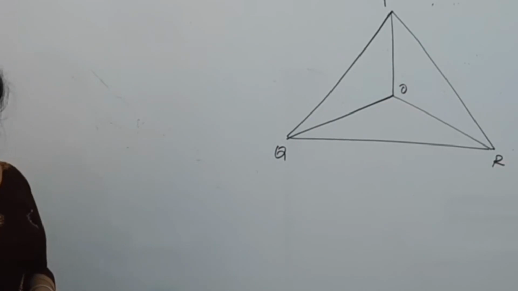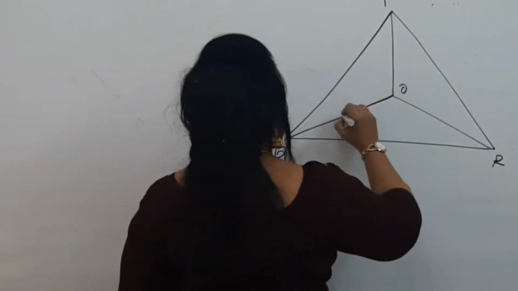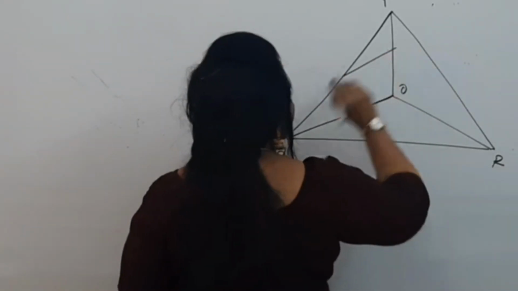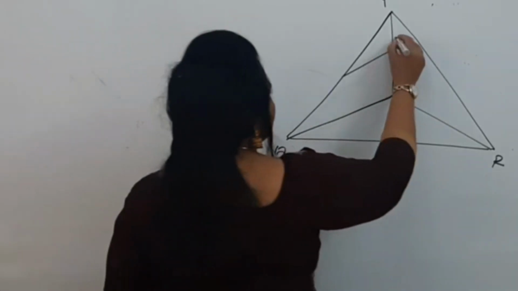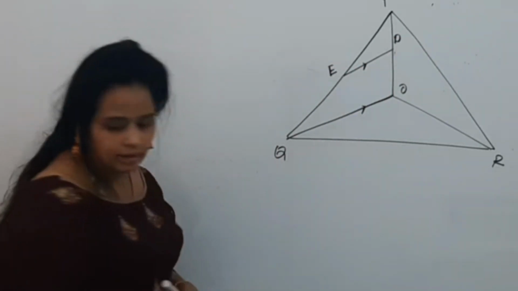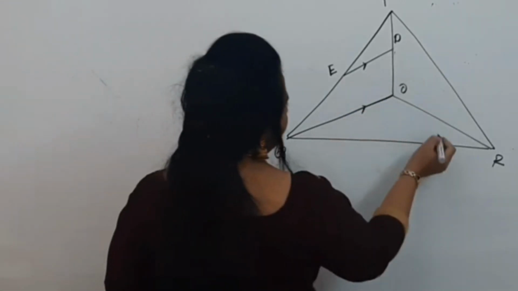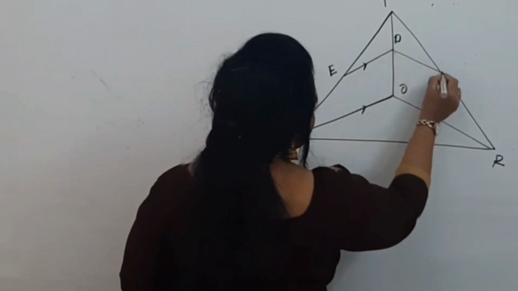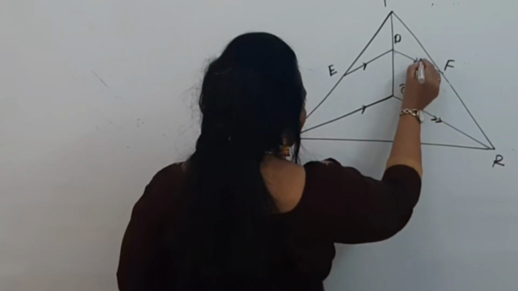Now I have DE parallel to OQ, so I have to draw like this. So DE is parallel, you can see here it is parallel. And then DF is parallel to OR, you can see DF is parallel to OR.